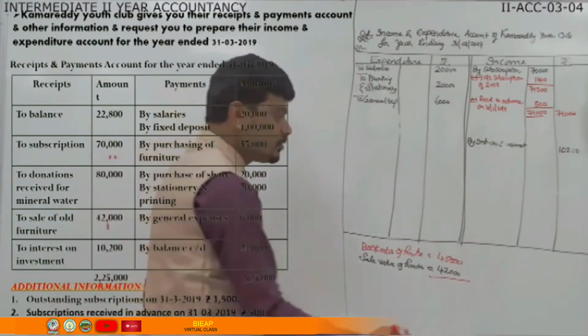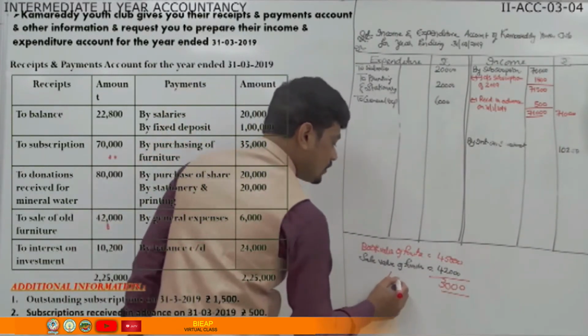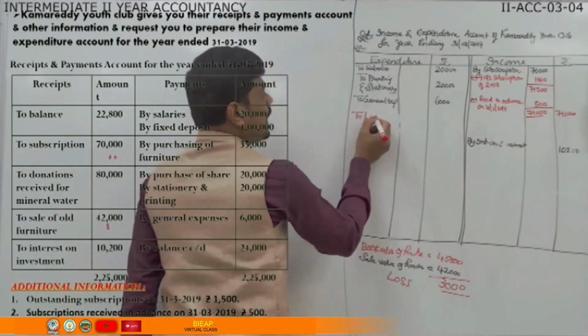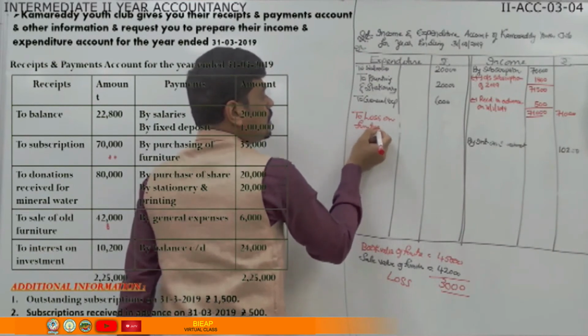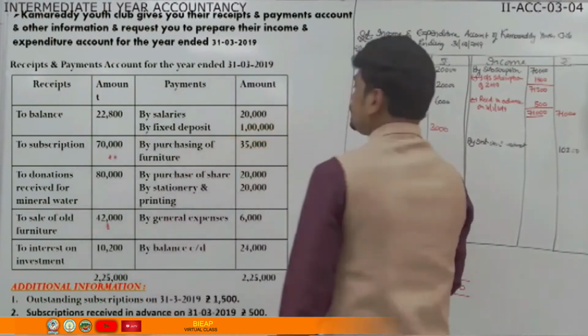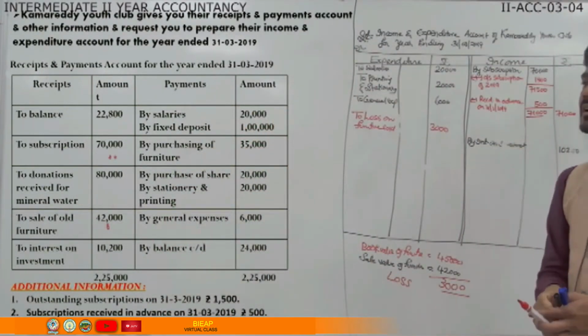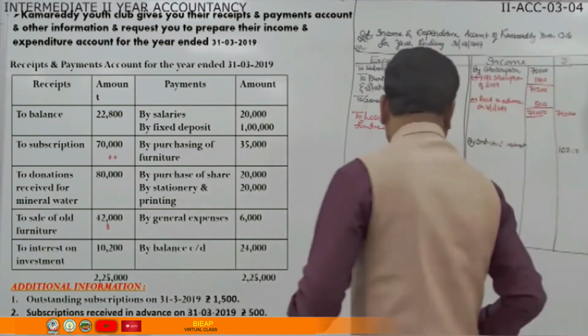So I got a loss of how much? 3,000. This is a loss. I'll debit the loss to income and expenditure. So to loss on furniture sold, 3,000. All the postings are over. It takes hardly 5 minutes, dear. Hardly 5 minutes.